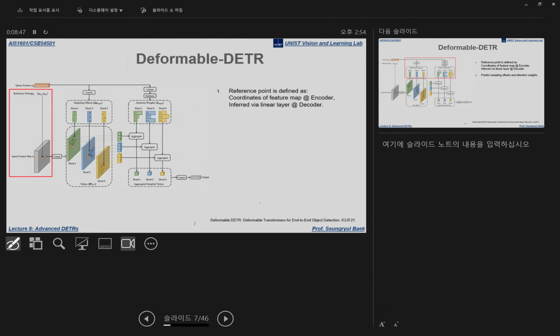So this is showing the deformable attention. This is the query feature.